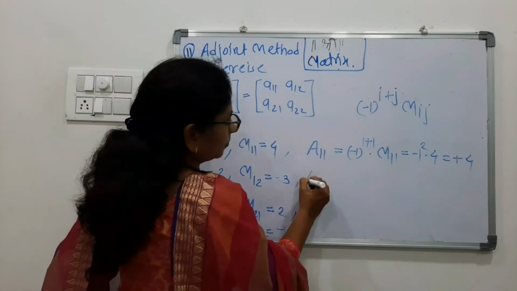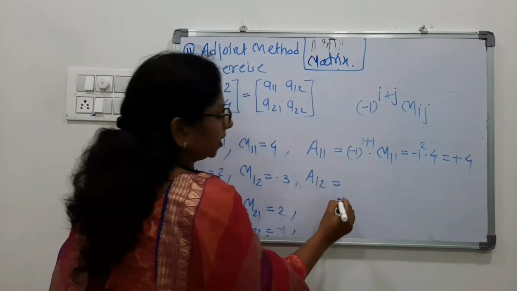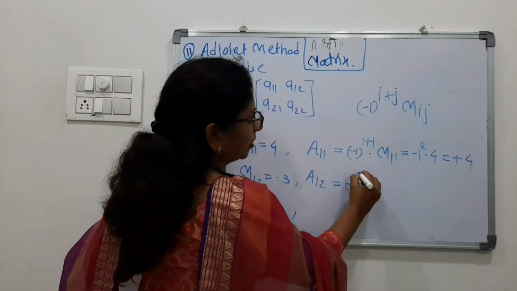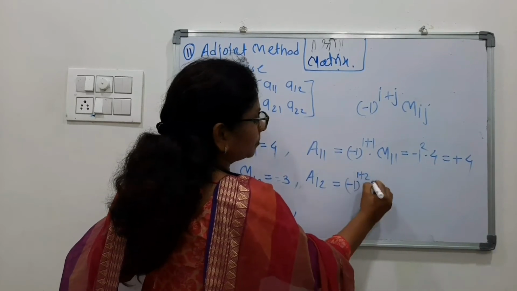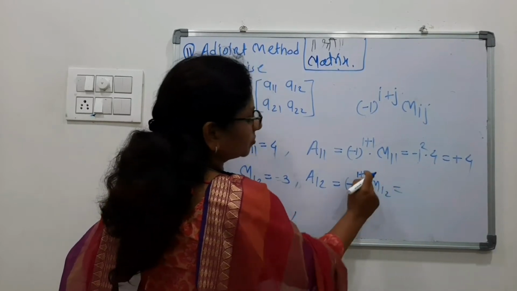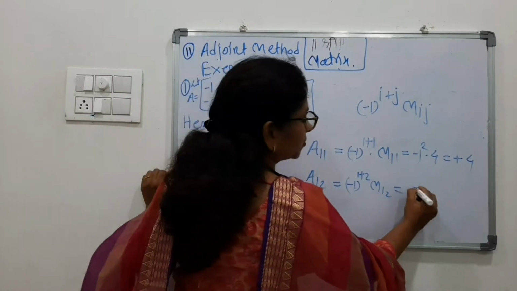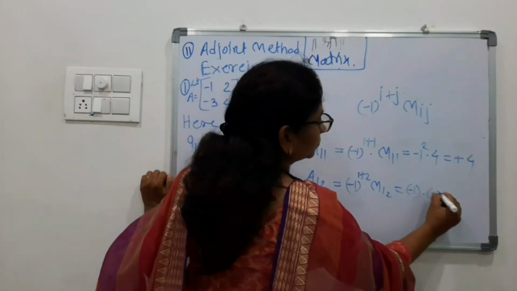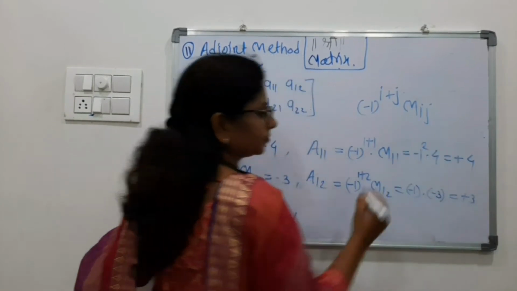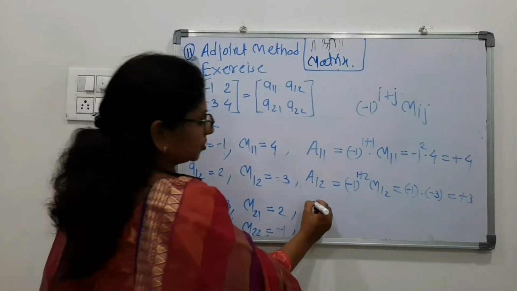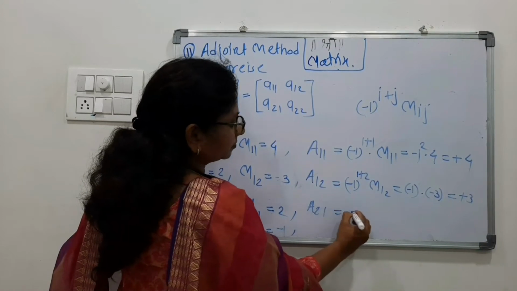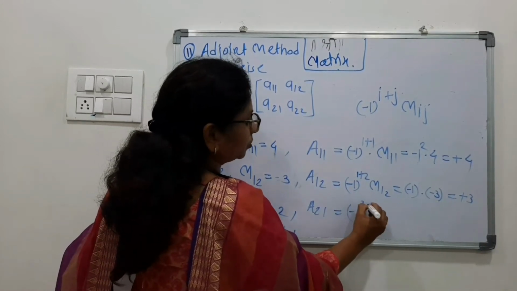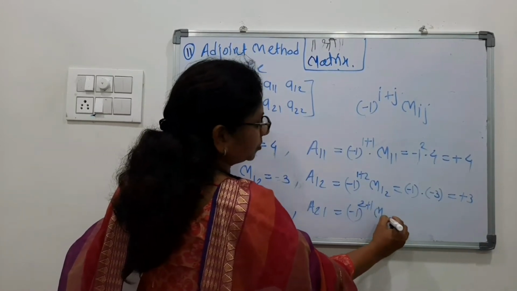A12 is (-1) to the power 1 plus 2 into M12. (-1) to the power 3 means -1 into this -3, that is plus 3. A21 is (-1) to the power 2 plus 1 into M21.